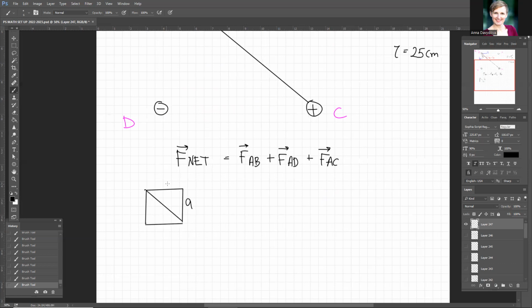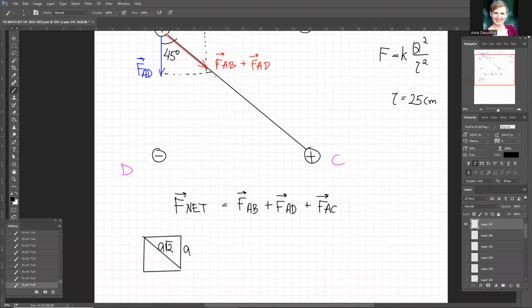So let's say this is side a, then the diagonal is √2 times larger. If you don't have this knowledge, you can work it out using the Pythagorean theorem, but it is so standard. So the magnitude of the red vector is √2 times larger than the magnitude of a blue vector, and I can safely state that. So this is √2 times, for example, FAD. All I need to do is figure out FAD.